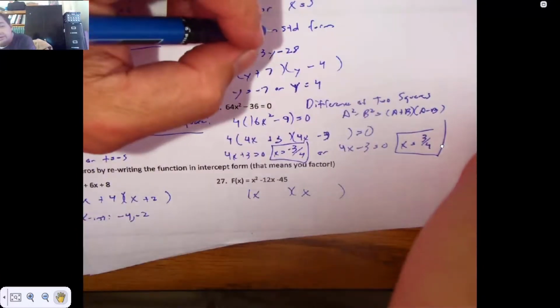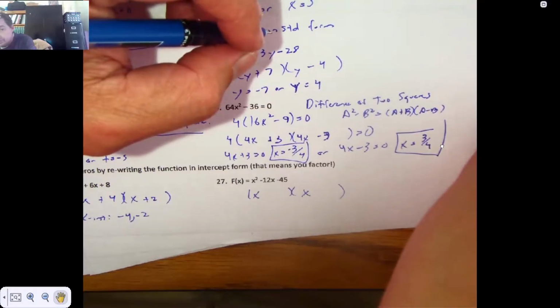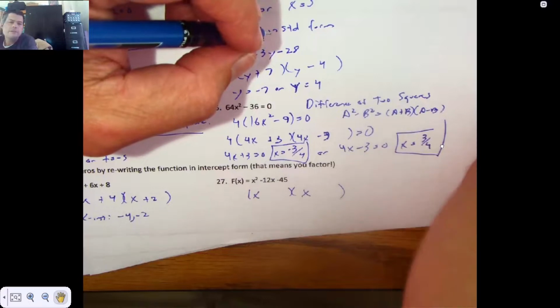Factors of 45 that'll get you to 12 are what? Looks like I went dumb for a second. 45 is divisible by 5. That's 5 times 9.